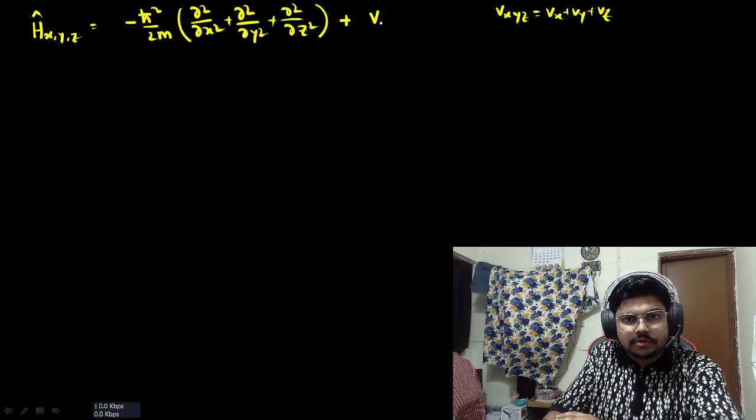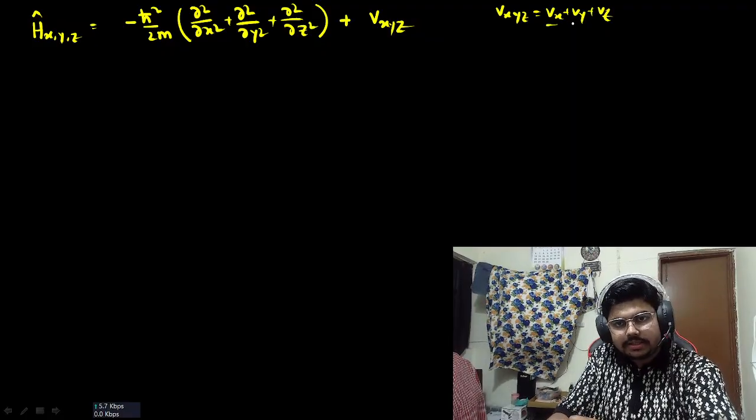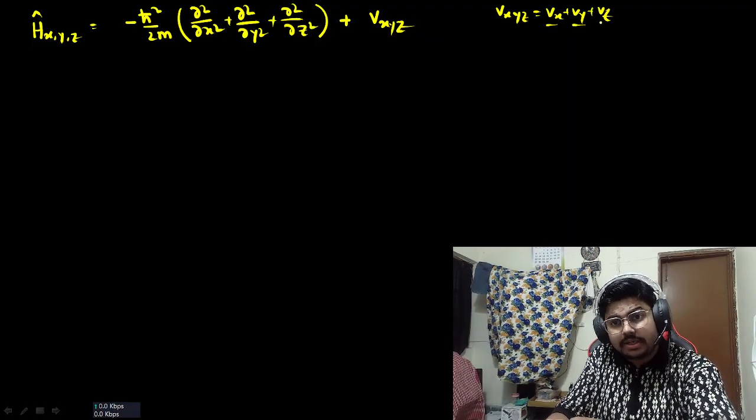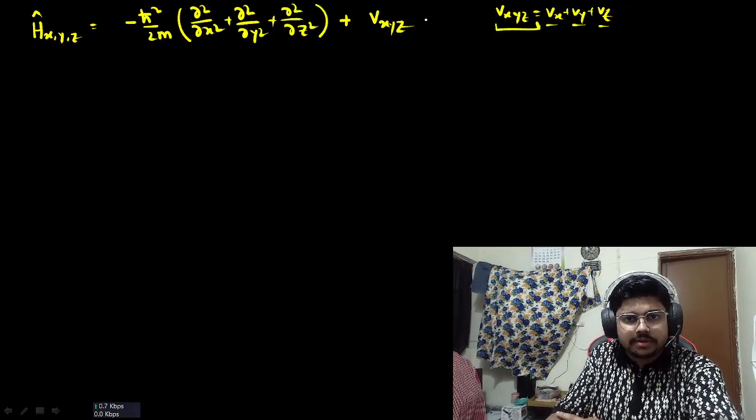So V of x y z is the total potential energy: potential energy in the x direction plus in the y direction plus in the z direction, isn't it?